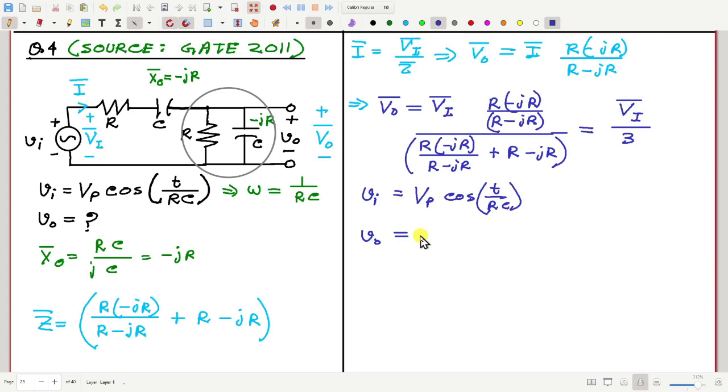VP by 3, absolutely right. Since the phasor value of the output voltage is 1/3 of the phasor value of the input voltage, the functional value of the output voltage will also be 1/3 of the input voltage. So that will be VP by 3 cosine T by RC. That is the answer. Is it fine?